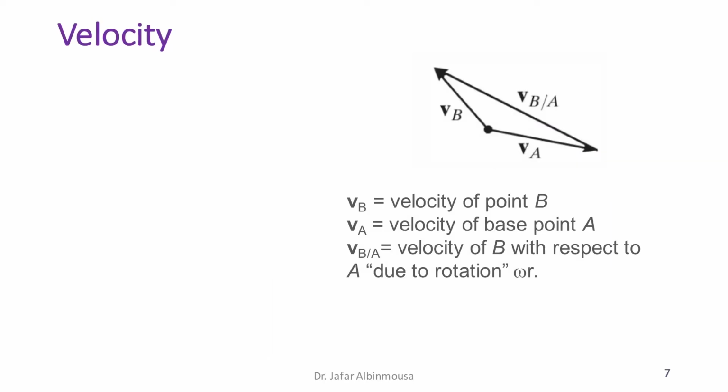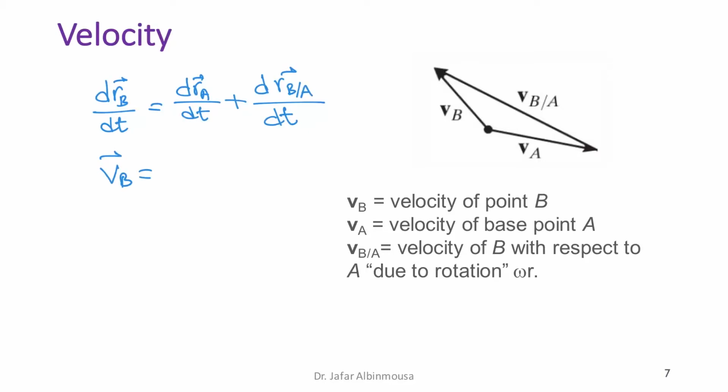From the previous slide, if we want to represent this mathematically, we would have drB over dt, which is equal to drA over dt plus drB with respect to A over dt. Clearly, this is going to be the velocity vB, which is equal to vA plus vB with respect to A.